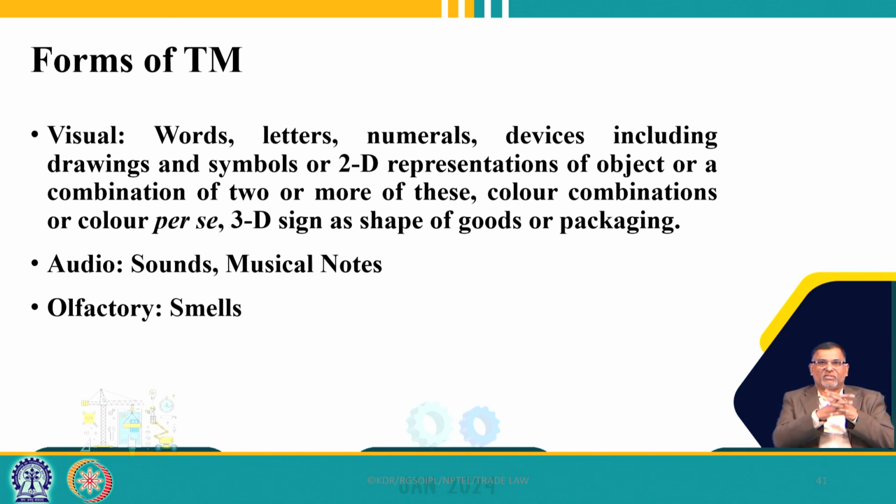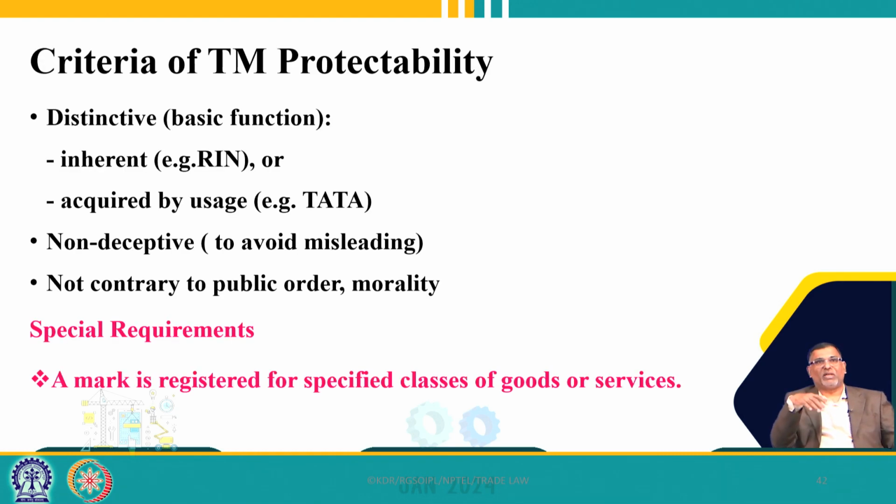And some of the forms of trademark. It can be visual, videos, or words or letters, numerals, devices, drawings, symbols, 2D representations, combinations of two or more colors, 3D signs, shapes, packaging, sounds, musical notes, and smell marks. These can come under the trademark as well.